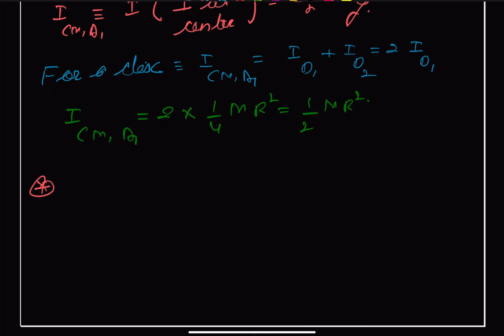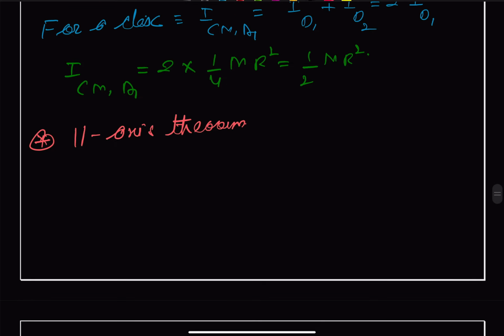So we have the moment of inertia with respect to our edge, the point A2, will be equal to our ICM with respect to A1 plus m d square.